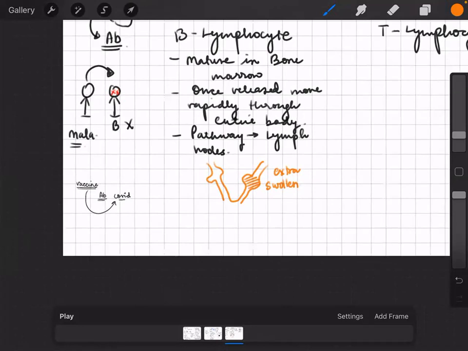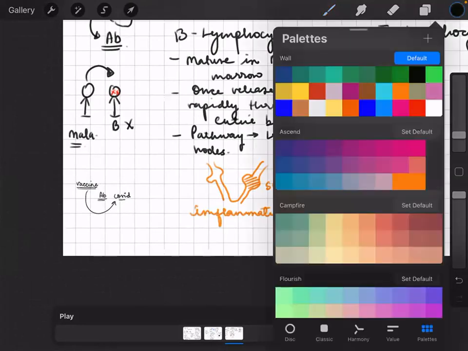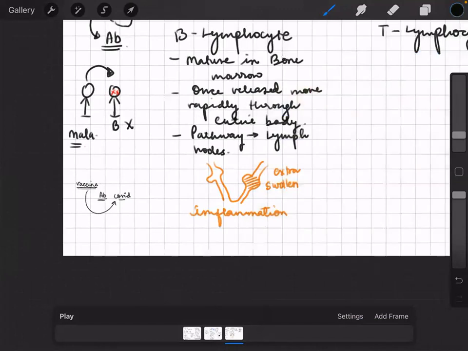Otherwise, they remain swollen. And if you feel excess amount of pain, or if you see that there is certain amount of inflammation in your body, what you can do is you can simply just massage these lymph nodes, and the excess amount of tissue buildup kind of gets distributed all over, and you start feeling better.